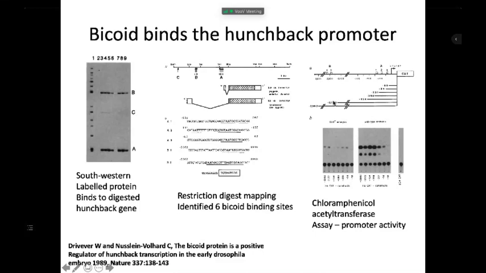So here are the different length promoter fragments attached to CAT. Here they are in bicoid mutant embryos, and we can see very little promoter activity.